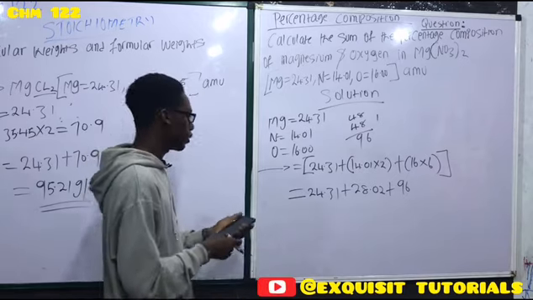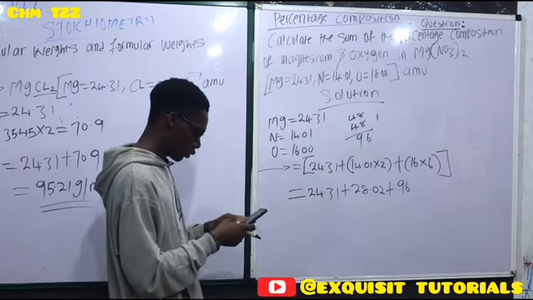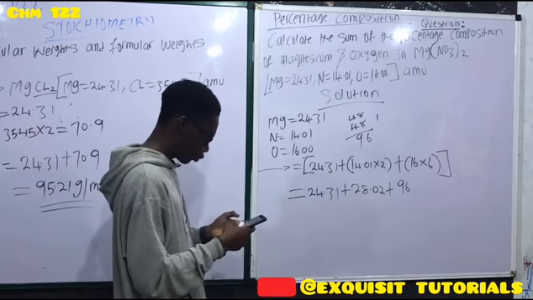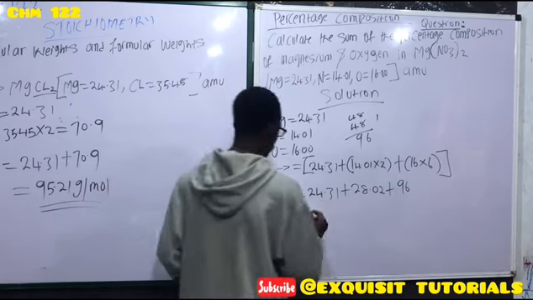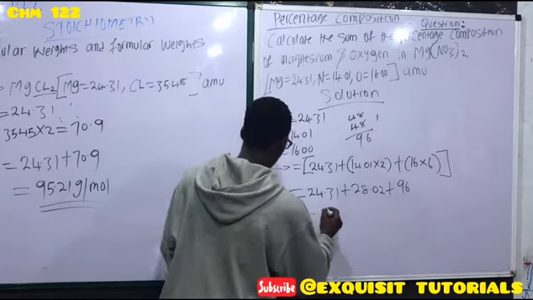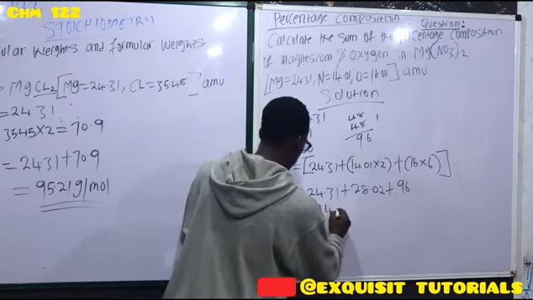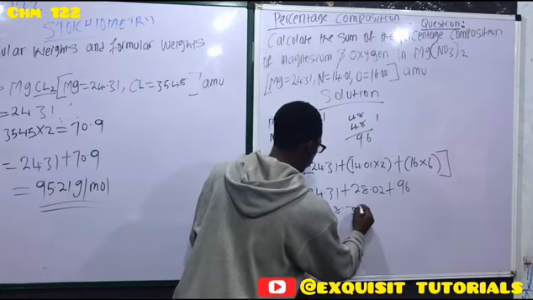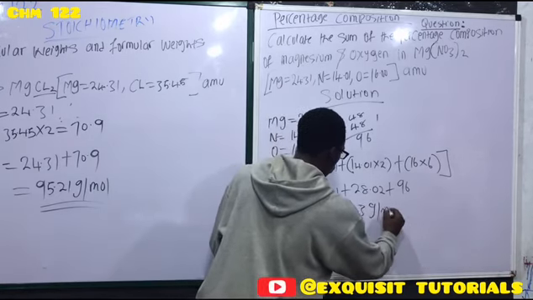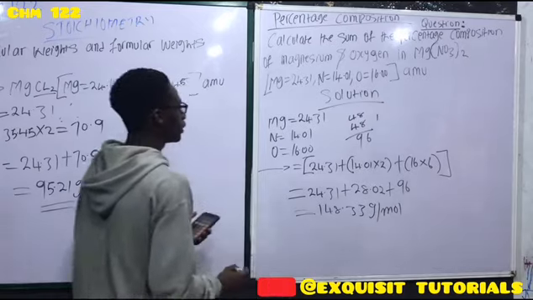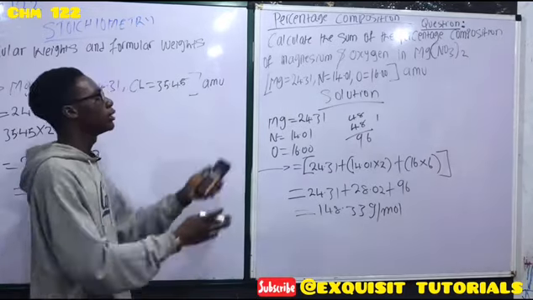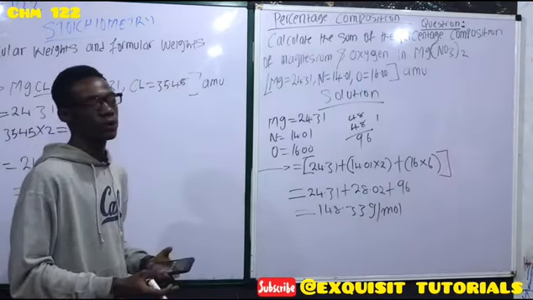Okay, now I'm going to do a sum total. Alright, we are having a total mass of 148.33 grams per mole. Alright, now we have gotten the formula weight, the weight of the compound.